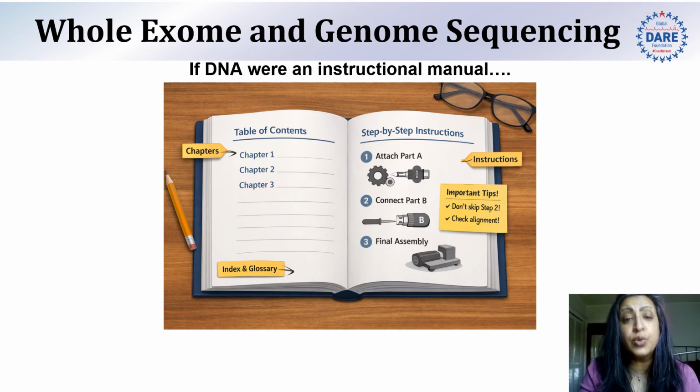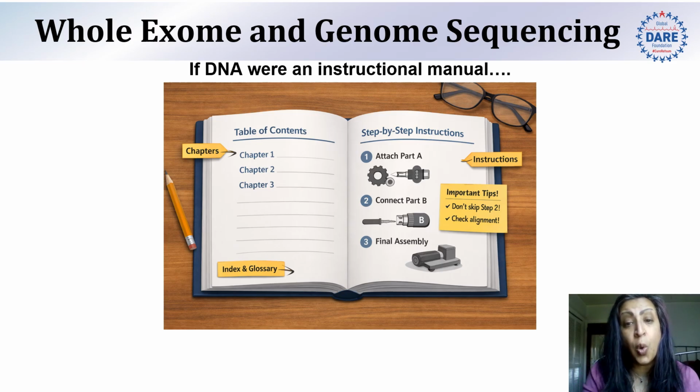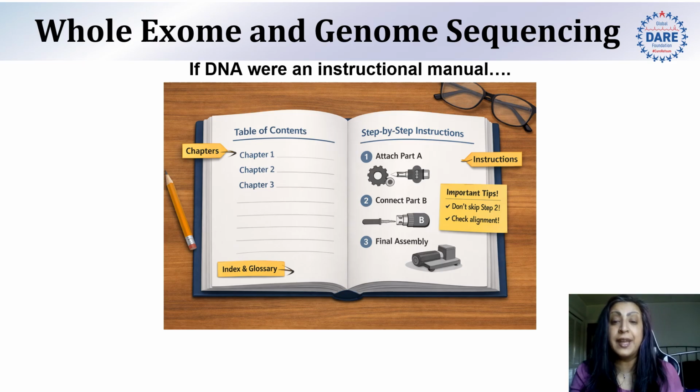So I'm going to try to explain the major differences between whole exome and whole genome sequencing using that analogy that I used earlier of your DNA for any given cell being like this huge instruction manual. In an instruction manual, we know that we've got the instructions to make the thing that we're trying to make.